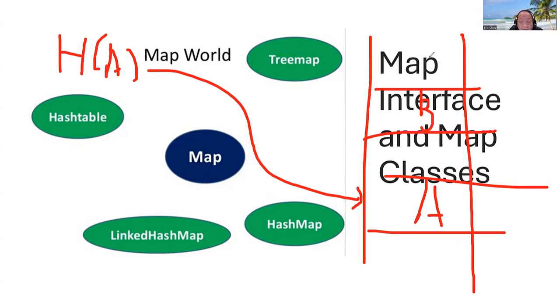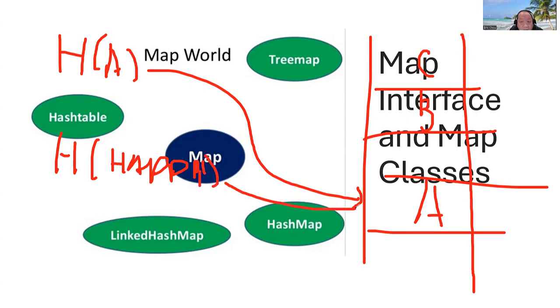So B goes in, C goes in, whatever. Now, let's assume that you actually have a word called happy, and this word happy hashed to the same location as A. Okay. Then something bad happened because you have collision.